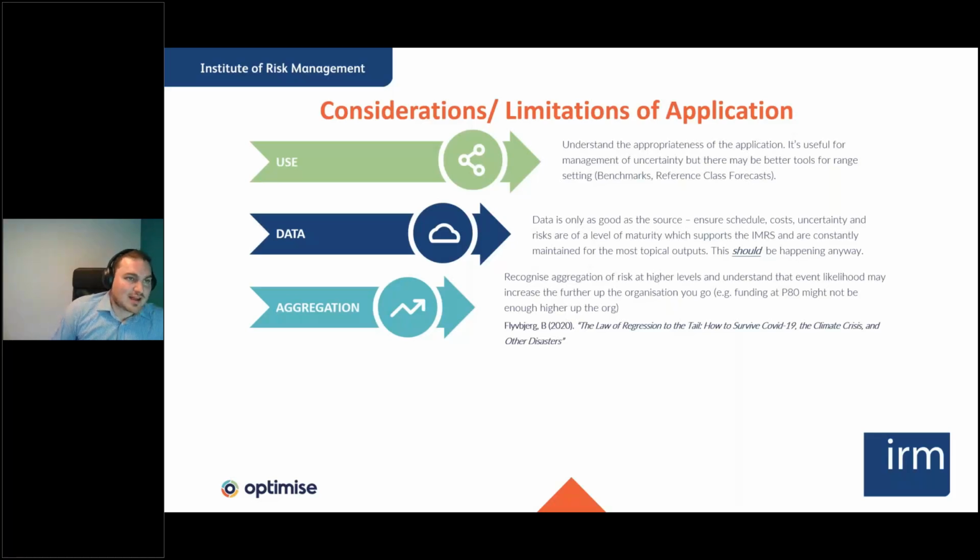We need to recognise that as we aggregate risk up through an organisation, to the higher levels, the likelihood might increase as a consequence, or the impacts might increase as a consequence, and it has to be reassessed as we move up through the organisation. And when we model, we need to recognise what's been incorporated in the lower levels, what's been incorporated at the upper levels, and understand how to aggregate those risks.